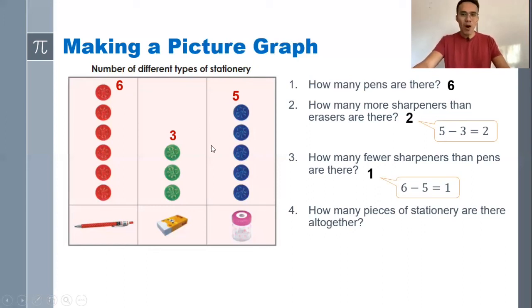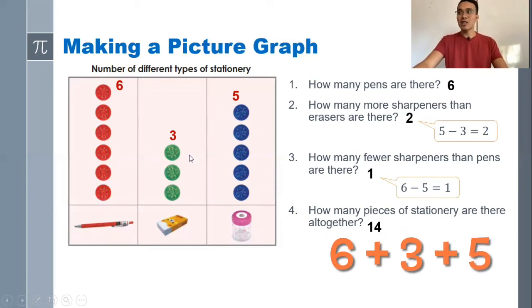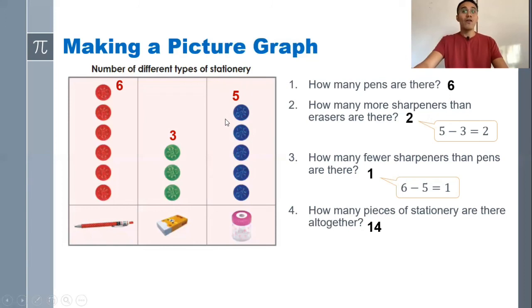Let's count them all first. We have 1, 2, 3, 4, 5, 6, 7, 8, 9, 10, 11, 12, 13, 14. There are 14 stationeries all together. Or that is the same as 6 plus 3, 9, plus 5, 14.